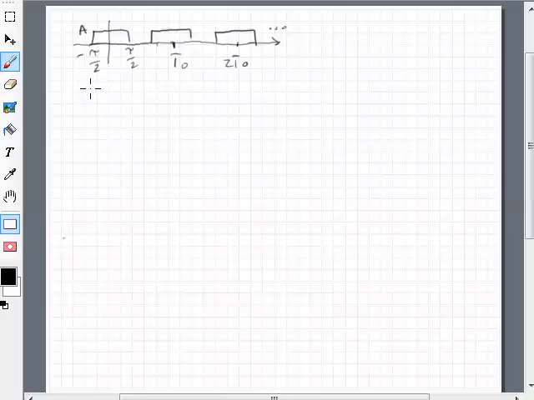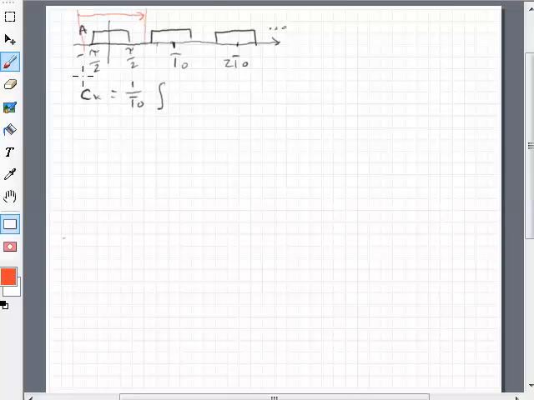The analysis equation is worth going into. It illustrates several things. So we're going to integrate. We only have to integrate over one full period. You get to pick what full period. So I'm going to integrate from minus t0 over 2 to plus t0 over 2.